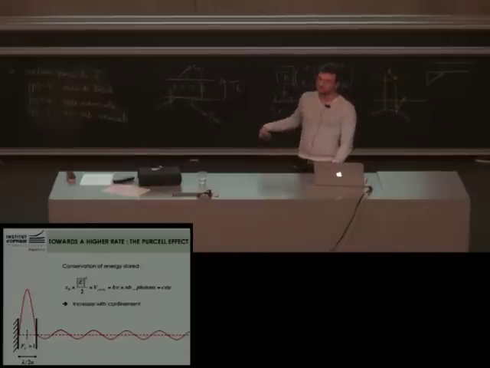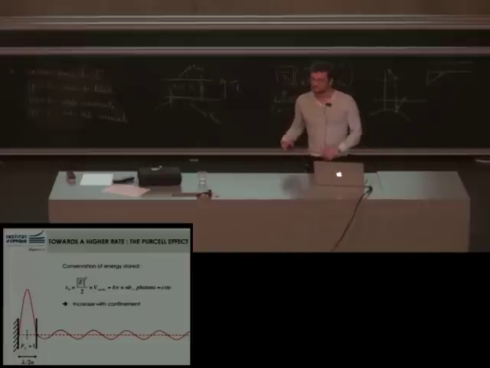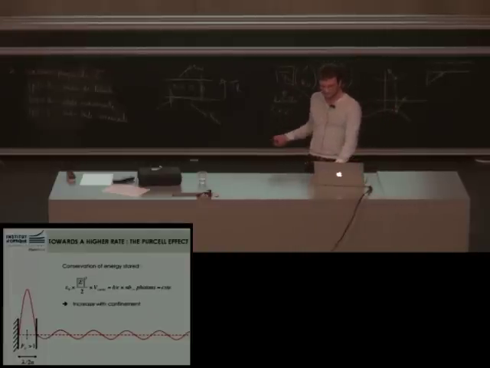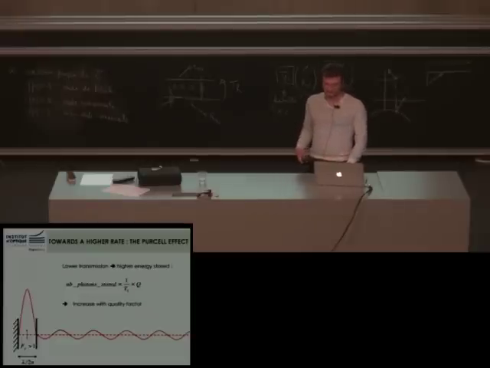And so to further increase the emitted power, one needs to reduce the loss of the cavity, which means also to increase the number of photons stored. And to do so, one needs to decrease the transmission of the second mirror, which also leads to an increase of the quality factor.